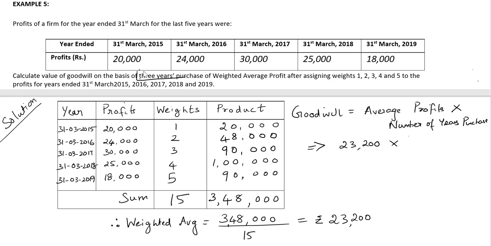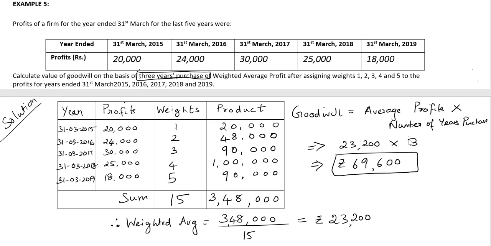It's given that it is 3 years purchase of weighted average profit. So we'll multiply by 3 and we get the value of goodwill of the firm as 69,600 rupees. So this is a goodwill of the firm, rupees 69,600.